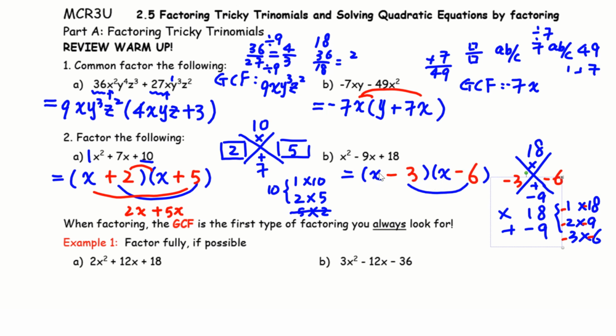Then you could double check x squared, -3, -6, +18, then cross -3x, -6x, give you -9x. It's adding these two like terms together is -9x, so it works. So these are the common factoring and the simple trinomial.